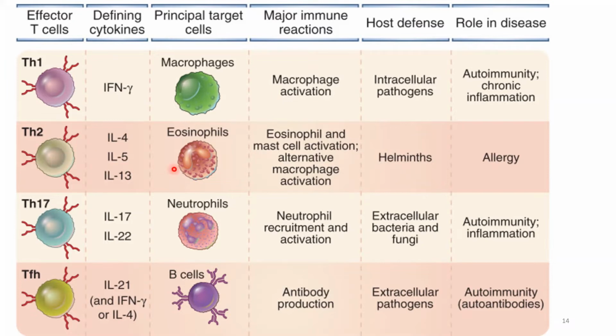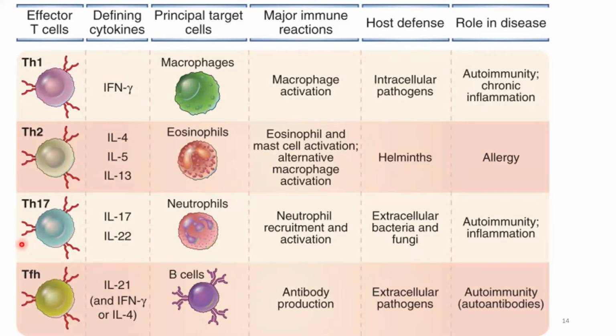T helper 2 plays a role in eosinophil function and mast cell function. The majority of T helper 2 is host defense against helminthic infection.